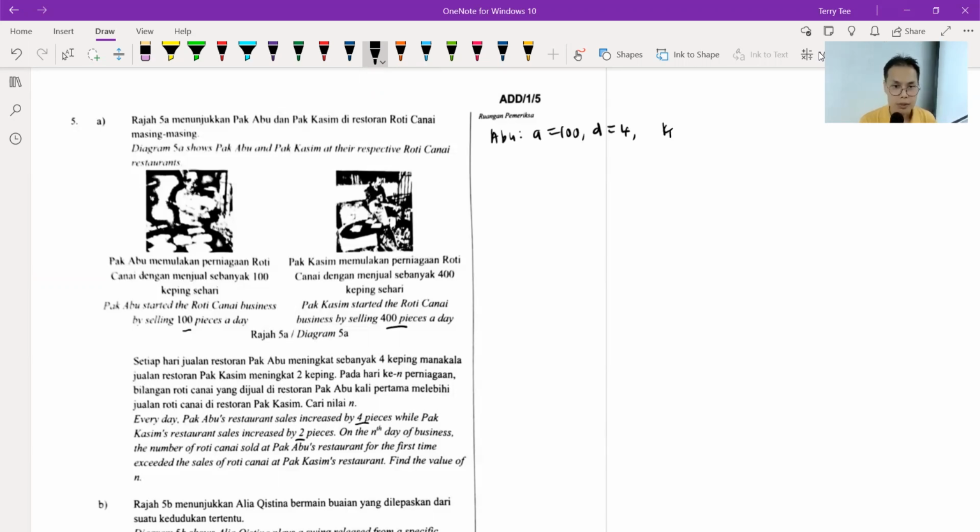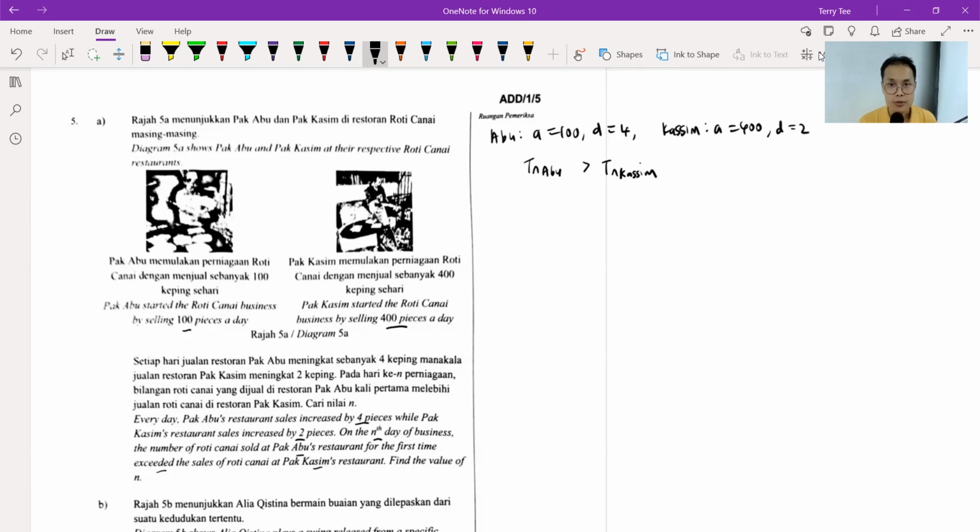Okay, now they say that on the end day of the business, the number of roti canai sold by Pak Abu for the first time exceeded the sales of roti canai of Pak Kasim. So Tn of Pak Abu will be greater than Tn of Pak Kasim. Yeah, on the end day, we're finding what is the value of n, right?